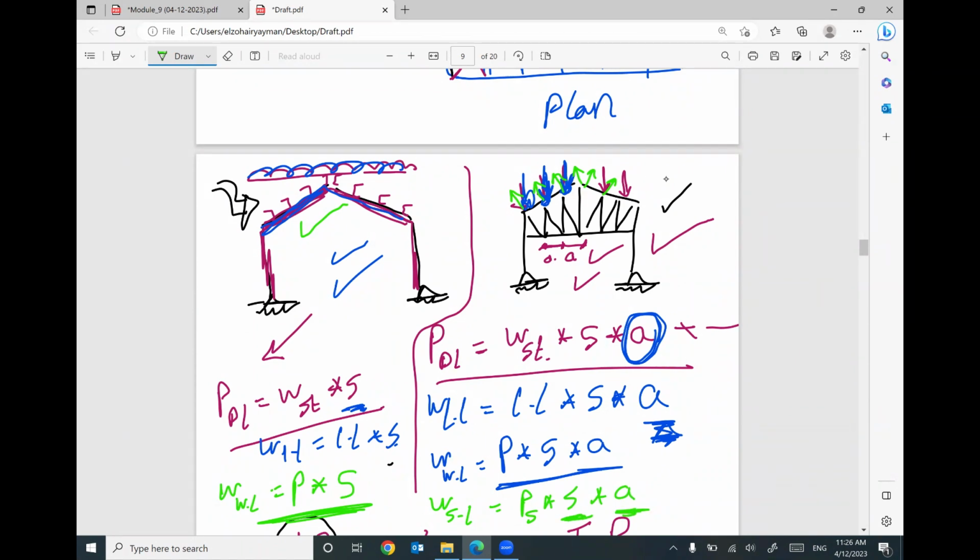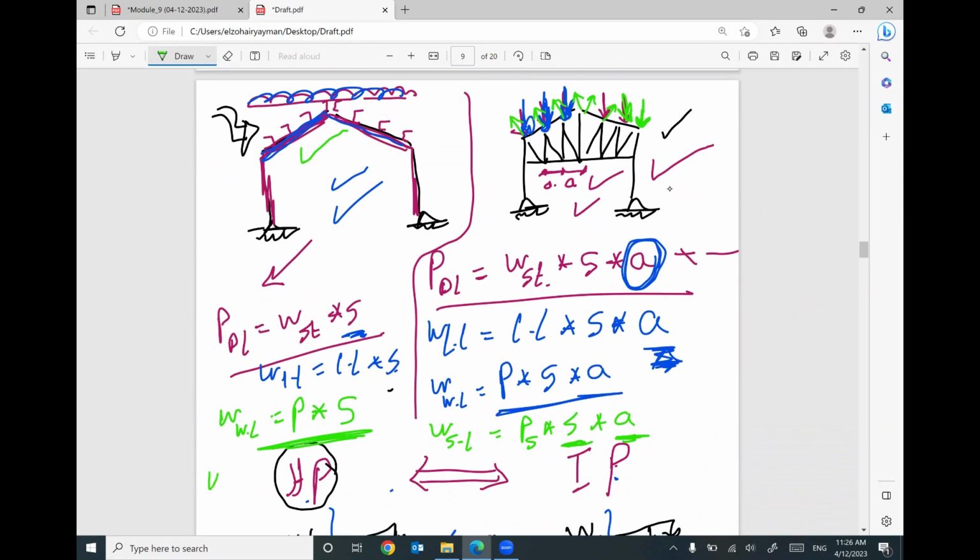Because we need to convert the snow load to one concentrated load at each node. This is not the case for frame. You need only to multiply PS by S, the spacing between the frames, and then you will convert your snow load to a distributed load over the frame, and this distributed load will be horizontal projection.